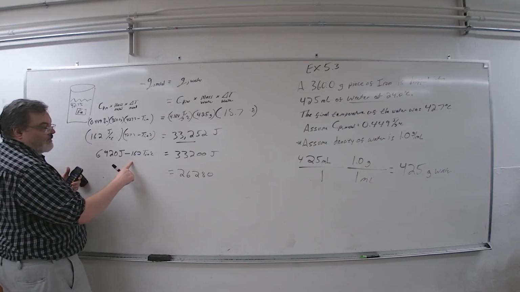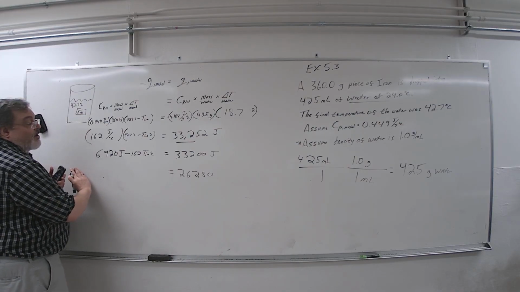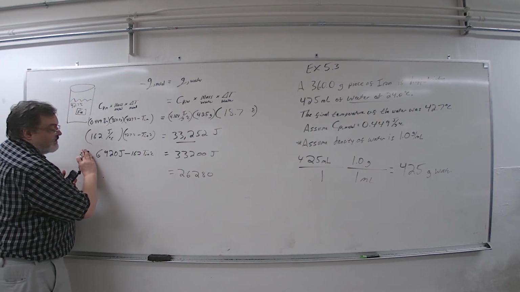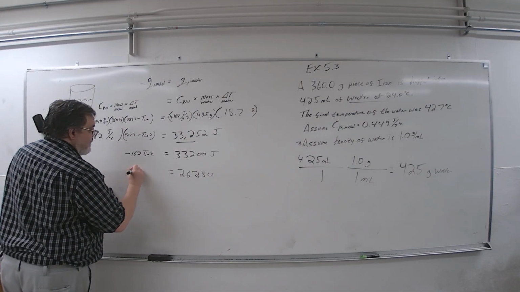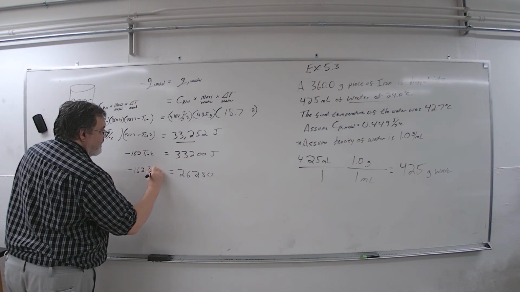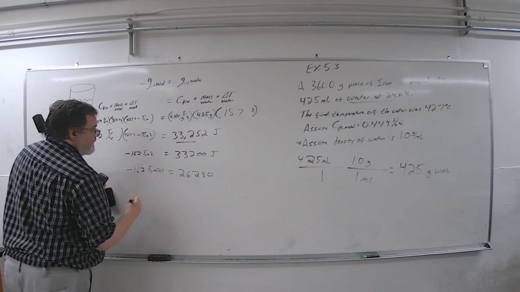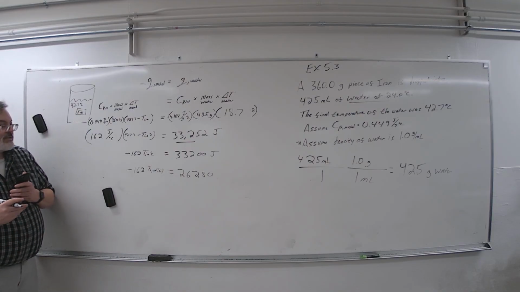I think we have to keep all of those. So one of the reasons I wanted all the algebra done all at once is because of significant figures. The last thing to do is divide by negative 162.